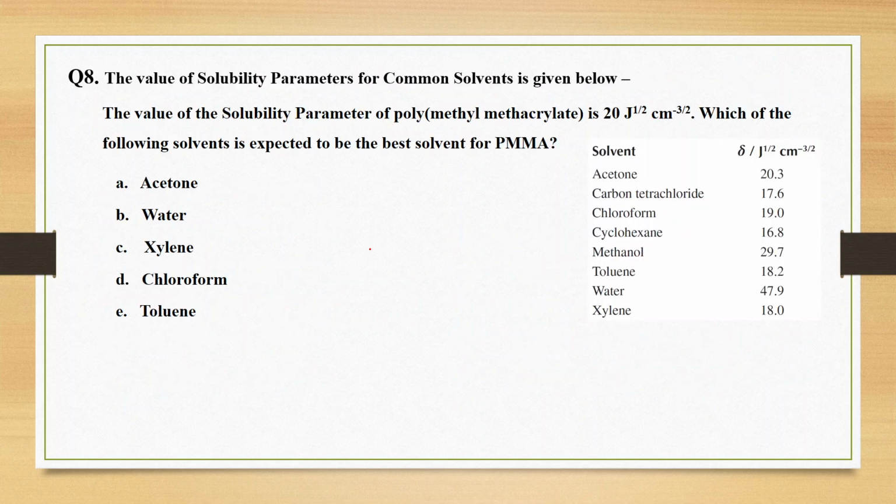Okay, so this is the next one. Another query I think I got from Arjun as well. He stated that the value for the polystyrene, I mean the solubility parameter given in the assignment, is not matching. First of all, that is an arbitrary question, not a proper or real-life example.